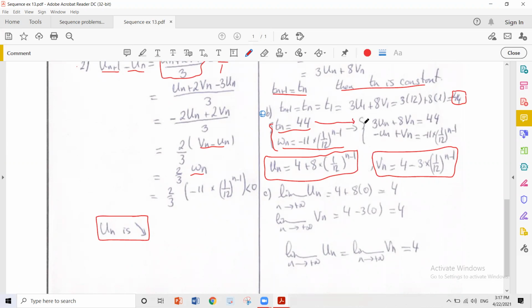Tn is 3Un plus 8Vn equal 44. Wn is minus Un plus Vn equal minus 11 times 1 over 12 to the power n minus 1. Two equations by two unknowns. Multiplying by 3, I find Vn. So un equals 4 plus 8 times 1 over 12 to the power n minus 1, and Vn equals this one.